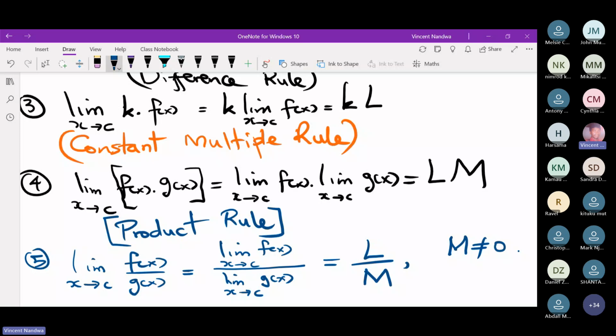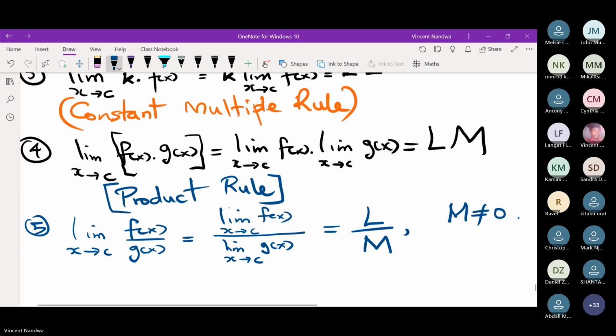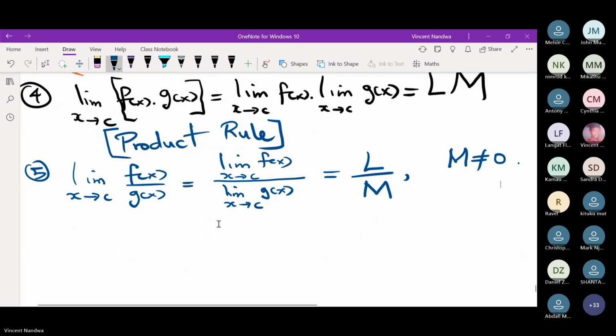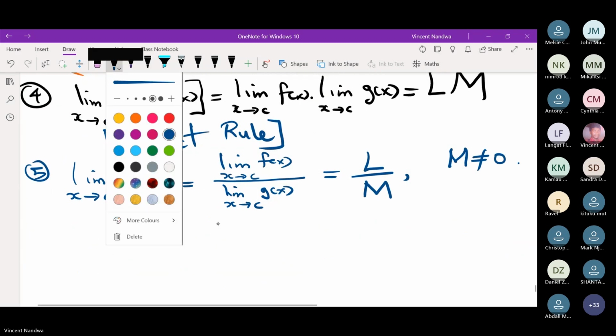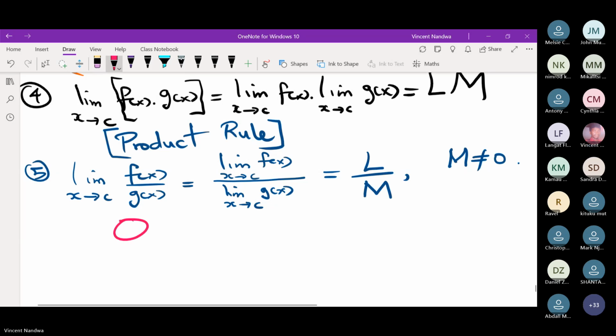So what special name can we give this? Division, we call it the quotient rule. Yes, so this is called the quotient rule.